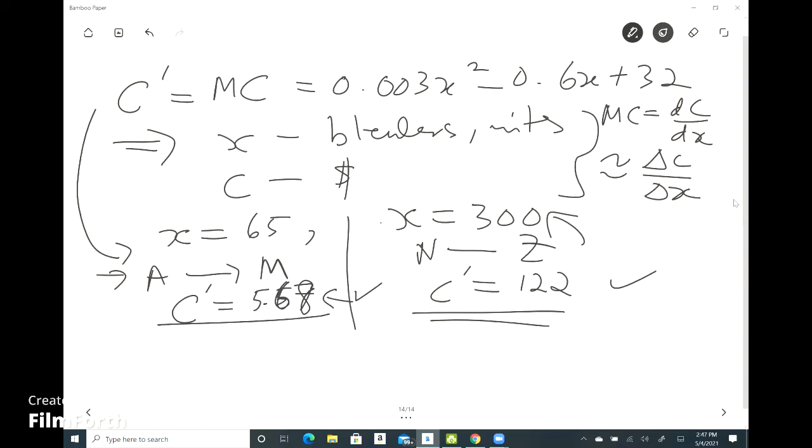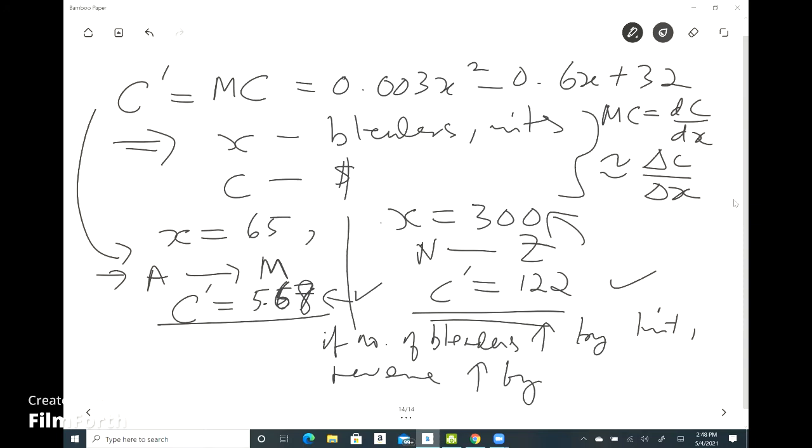Okay, so I write down here: if the number of blenders increases by 1 unit, revenue will increase by $122 at X equal to 300. Okay, is that right or is that wrong?